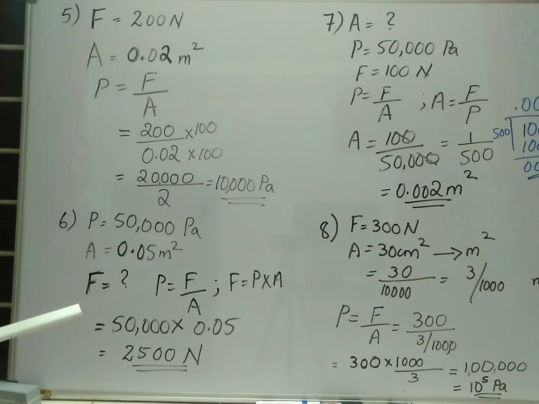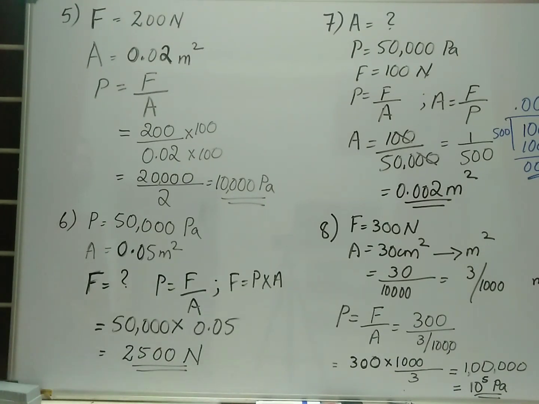Question number 6. What force will exert a pressure of 50,000 Pascal on an area 0.05 meter square? So pressure and area are given. You are asked to calculate force. Pressure is equal to force by area. Area on the right side goes to the left side, and division becomes multiplication.